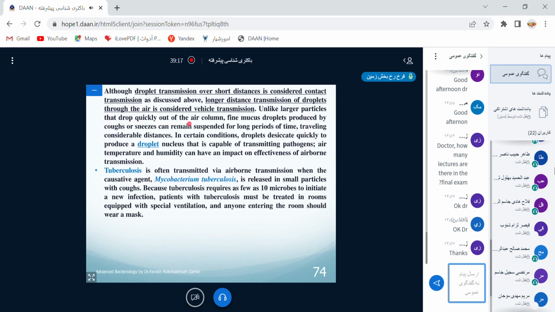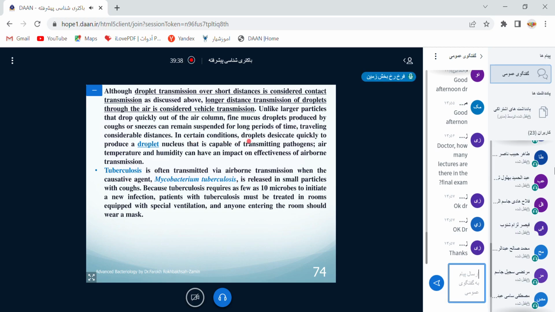Unlike larger particles that drop quickly out of the air column, fine mucus droplets produced by coughs or sneezes can remain suspended for long periods of time, traveling considerable distances.